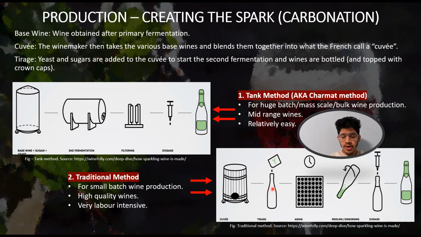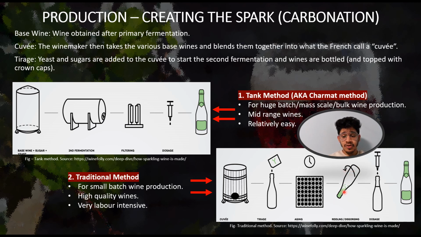Now these bottles are locked and kept for aging. During the aging process, the secondary fermentation takes place. After the aging is done, there is something called riddling. During riddling, these bottles are turned upside down at an angle. All the lees which is present inside the bottle will collect at the neck.